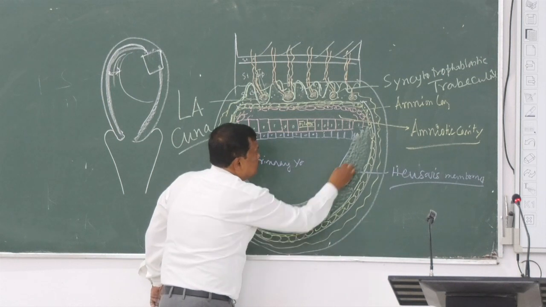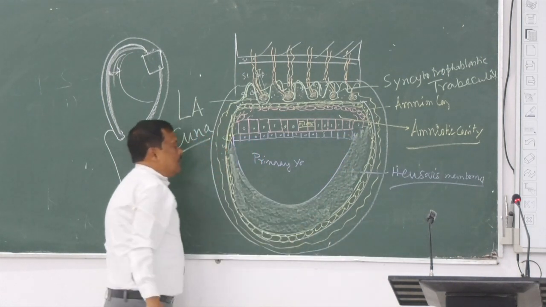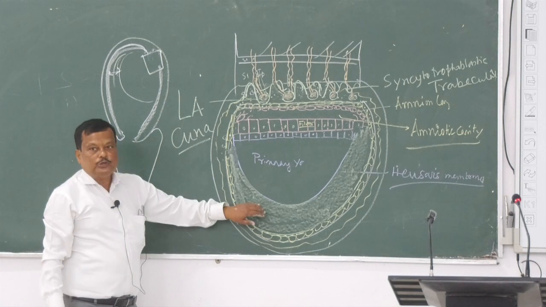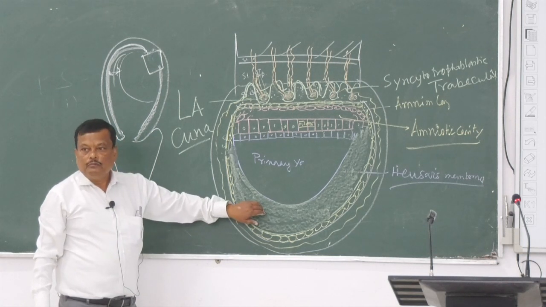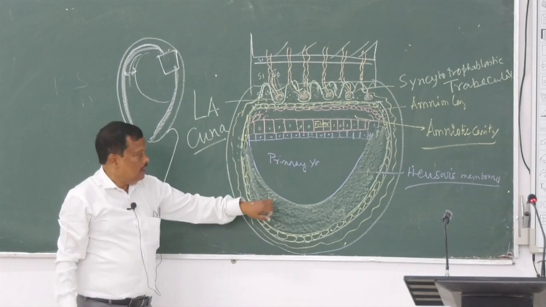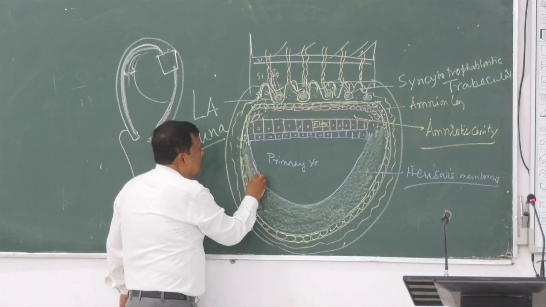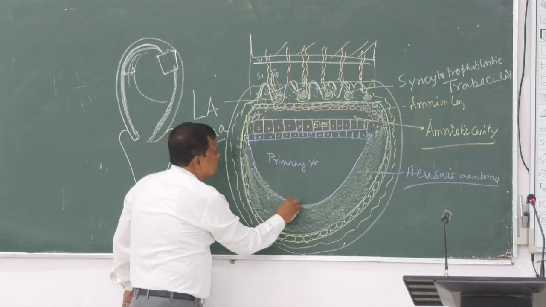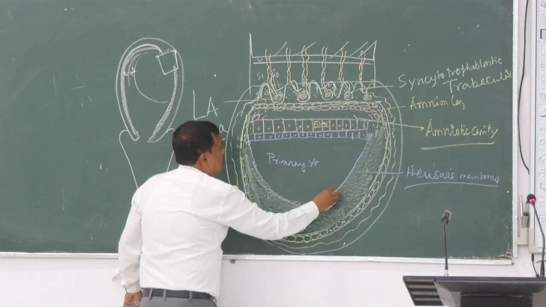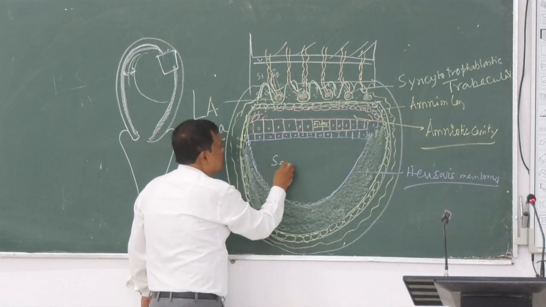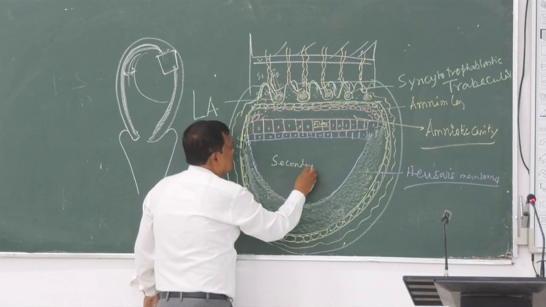A new kind of tissue appeared from this hypoblast cell. This yolk cell transforms into the secondary yolk cell.